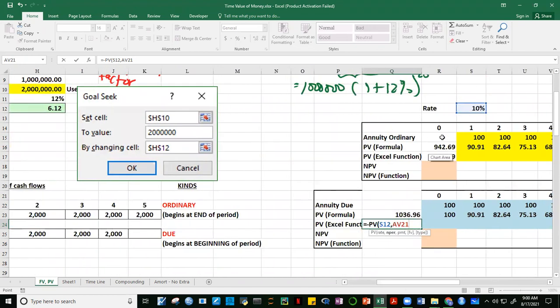Pero si annuity ordinary, wala sa simula. Si due meron sa simula. Okay? So the payment is 100. NPER is 30. Payment is 100. Okay, no future value. And the type is, ito guys, beginning of the period. Kailangan ilagay natin yung 1 dyan. Okay, so that differentiates now your annuity ordinary and annuity due. Okay, so ready time. So ayan guys.